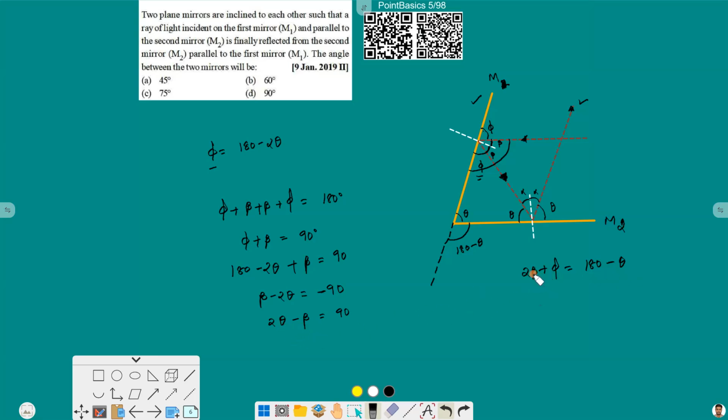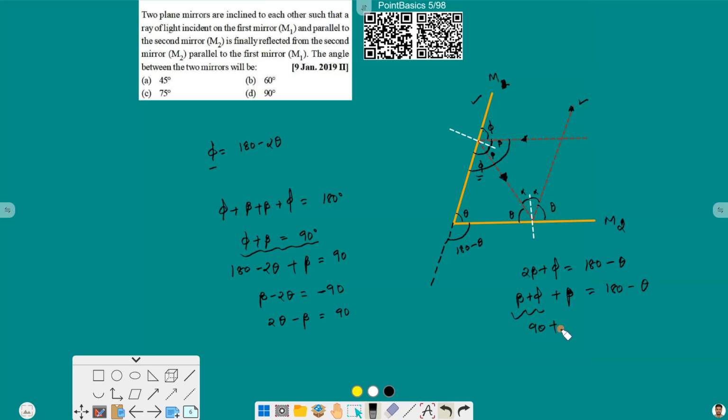So from this we can find the relation between theta and phi. Here we have 2 beta plus phi, which can be written as beta plus phi plus beta, and is equal to 180 minus theta. Now beta plus phi is 90 degrees.